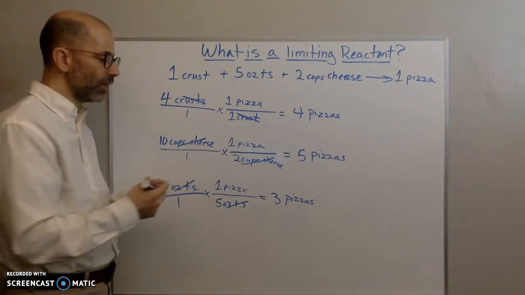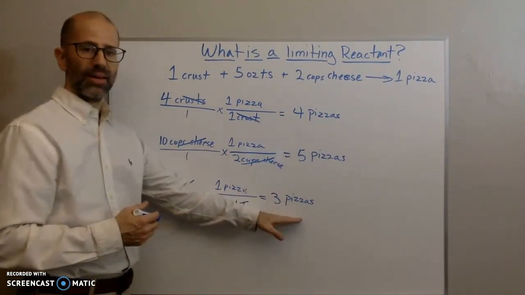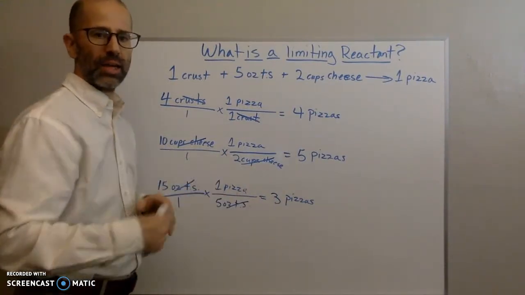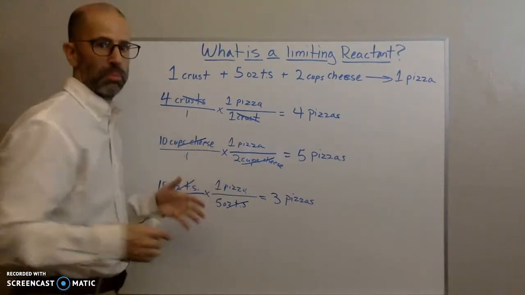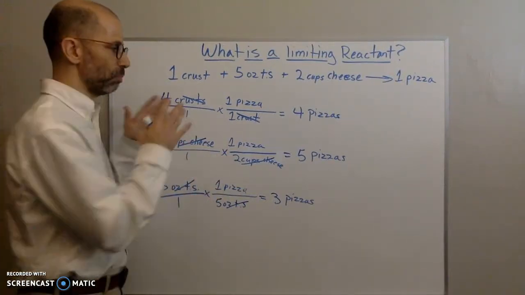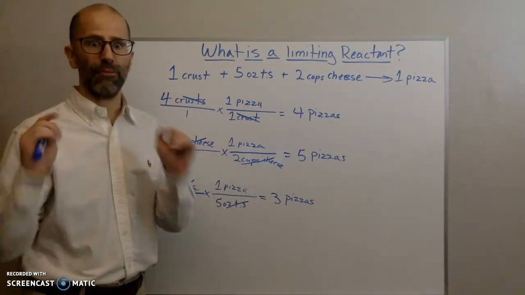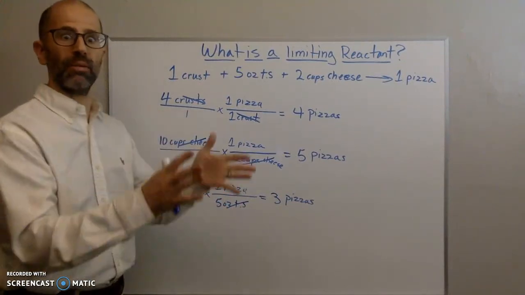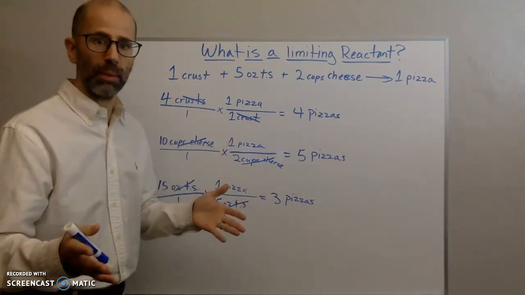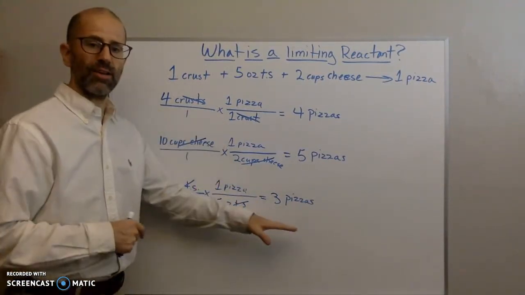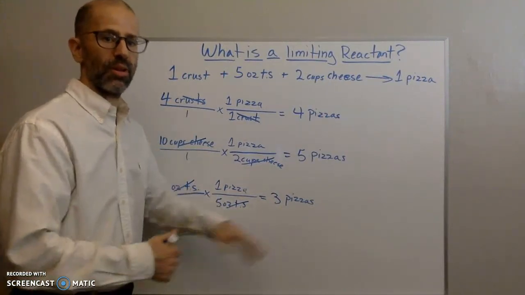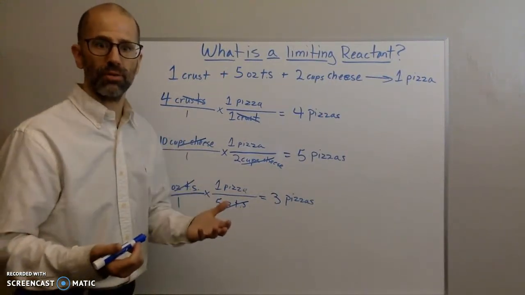But what if, while I'm making the pizza, I forgot about the pizza because I'm too busy talking to you guys, explaining about limiting reagents? And the pizza burns. So I burn one of my pizzas, right? So instead of actually making 3 pizzas, I only make 2 pizzas.